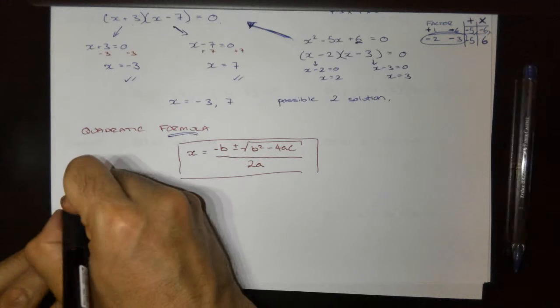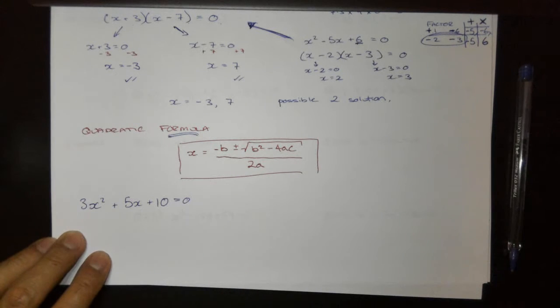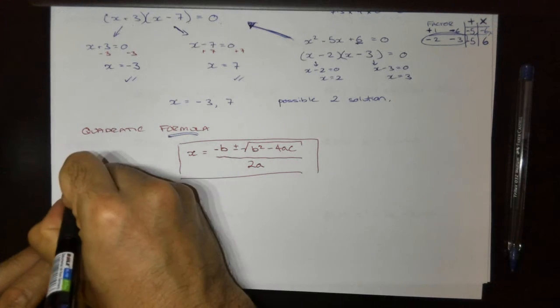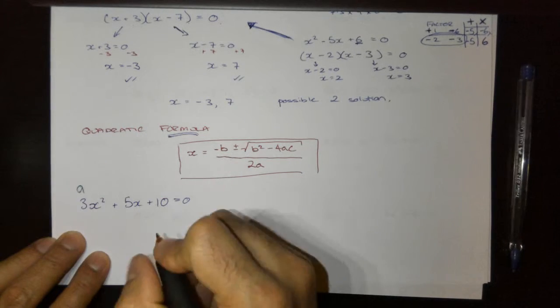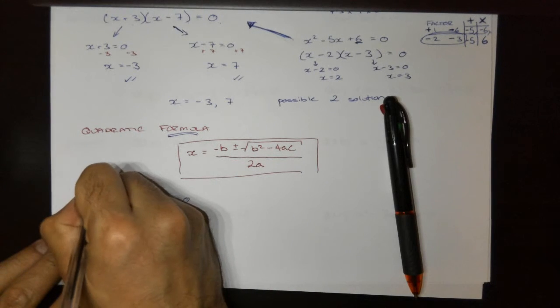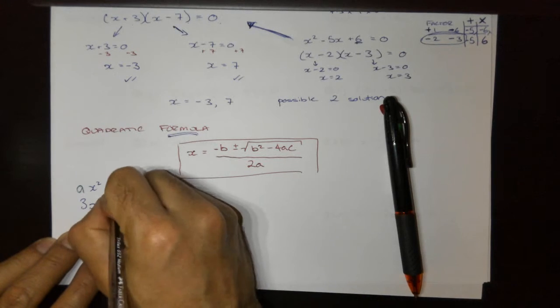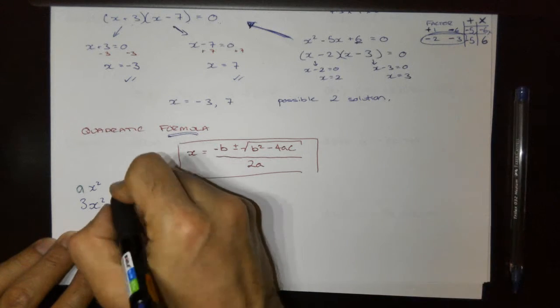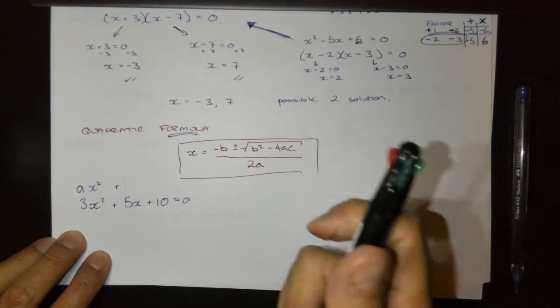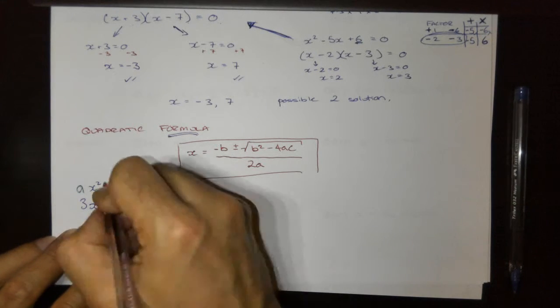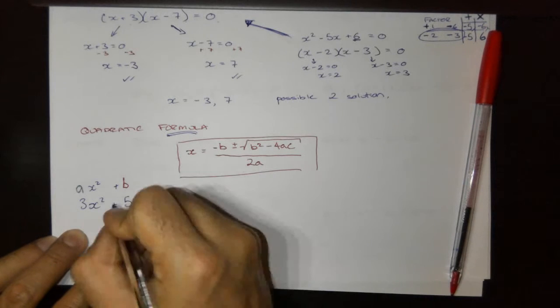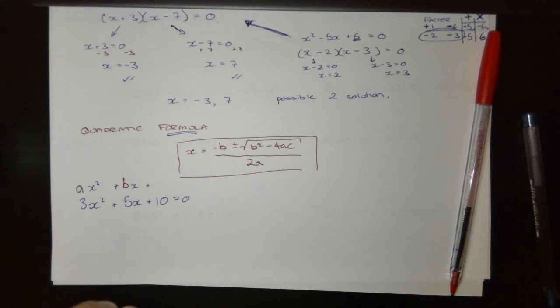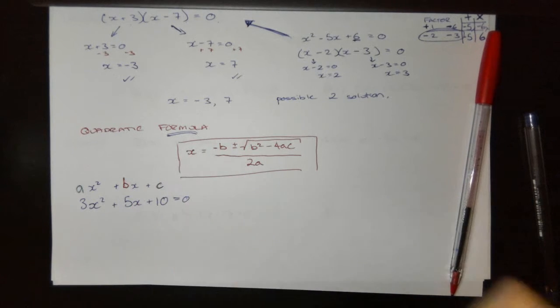What we know is that the general order of a quadratic is ax squared plus bx plus c, and that's going to equal 0.